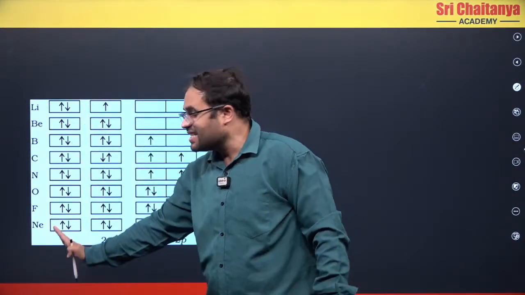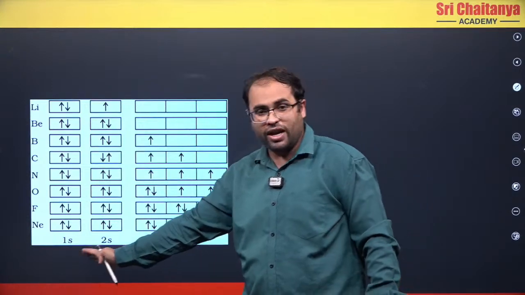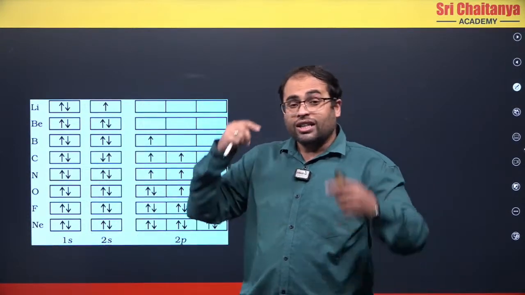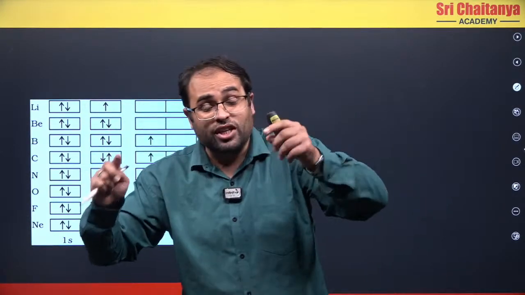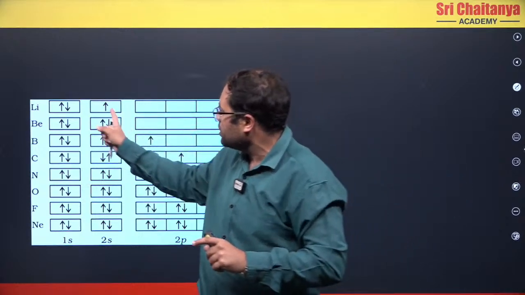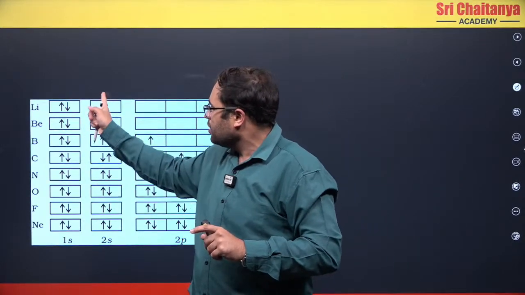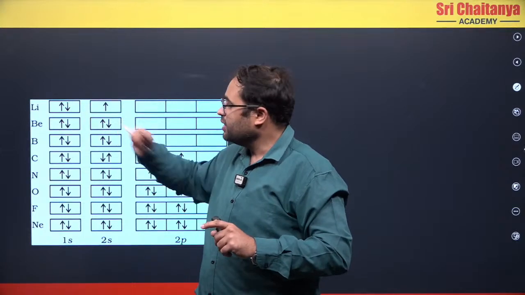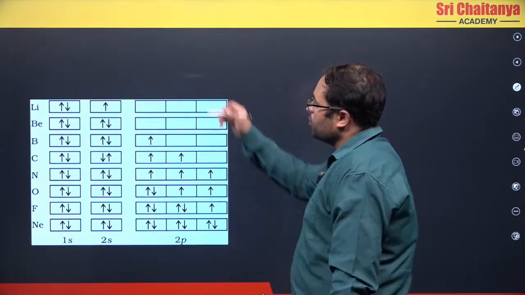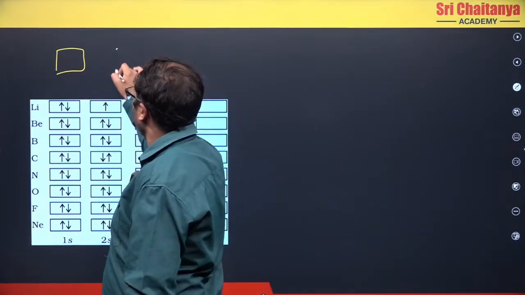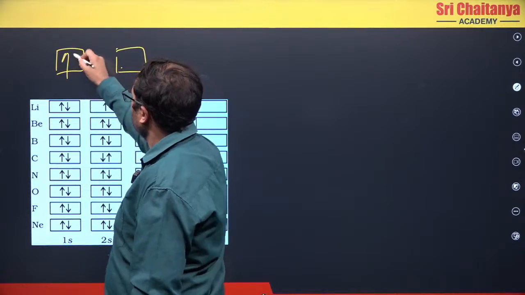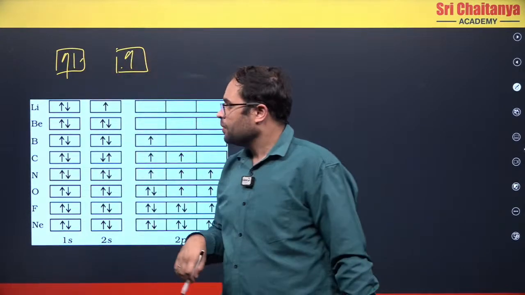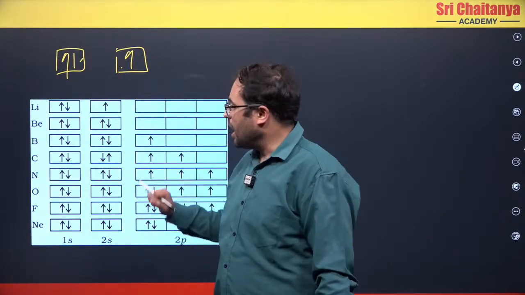See, understand that 1s energy is different from 2s. So that rule of single occupation is valid only for same energy orbitals. Right? So you will put 1, 2, and 3. Similarly for beryllium, I will add how?